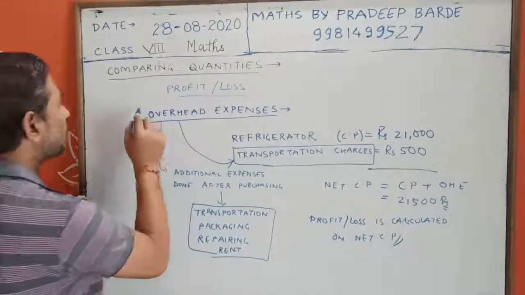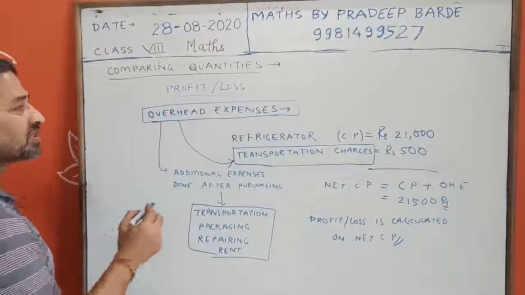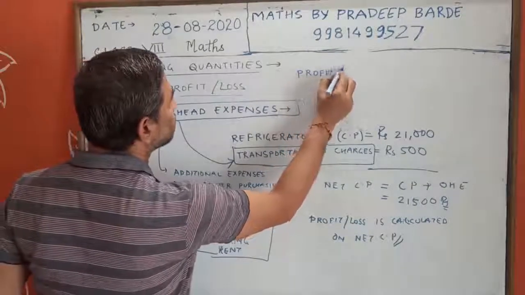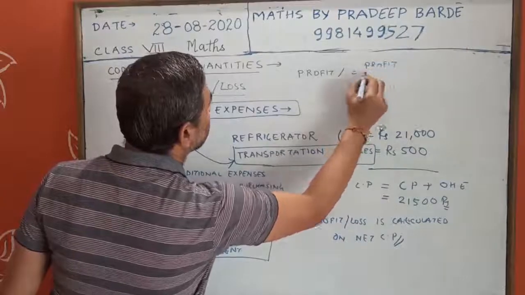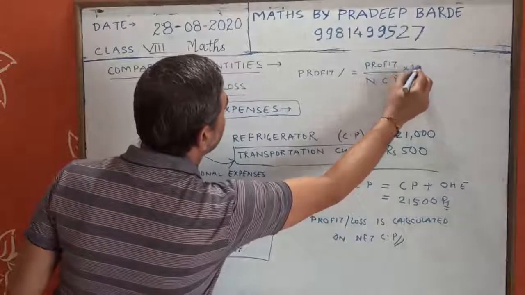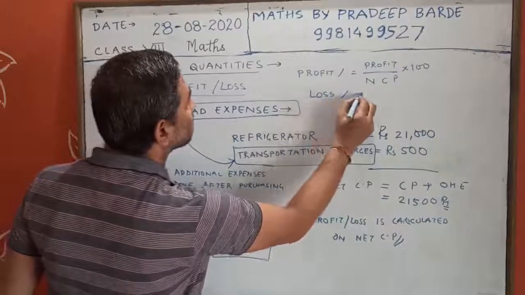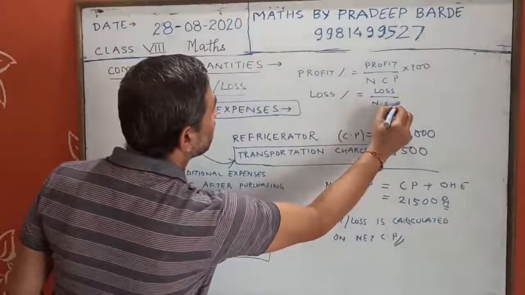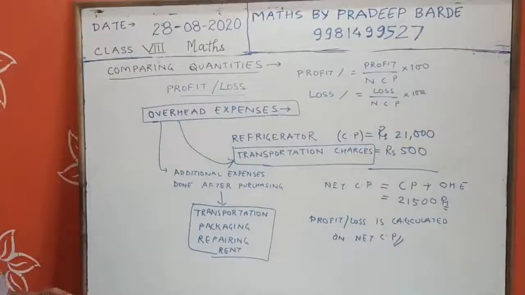That means in this case, if there are some overhead expenses, now the profit percent will be equal to profit upon net cost price multiplied by 100, or loss percent will be equal to loss upon net cost price multiplied by 100.